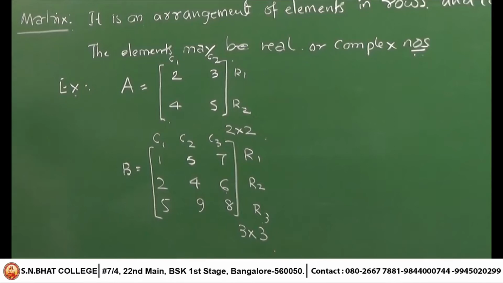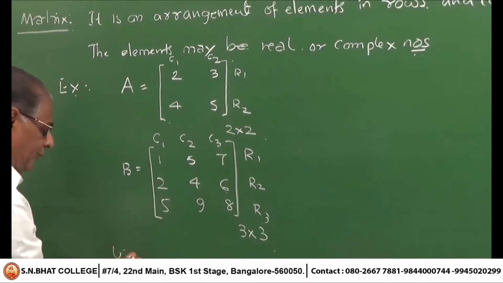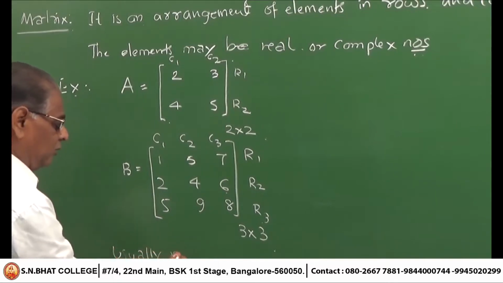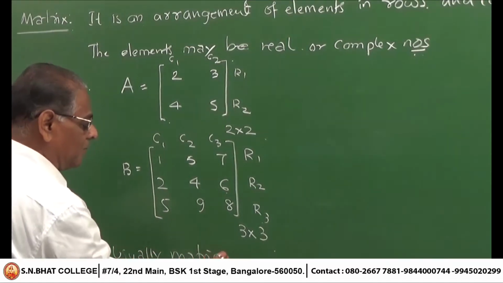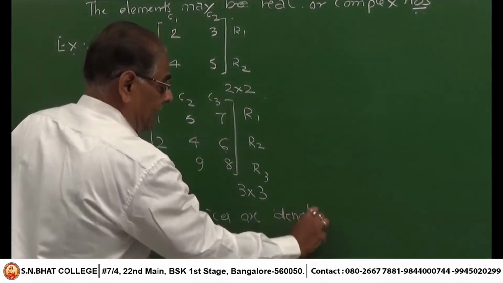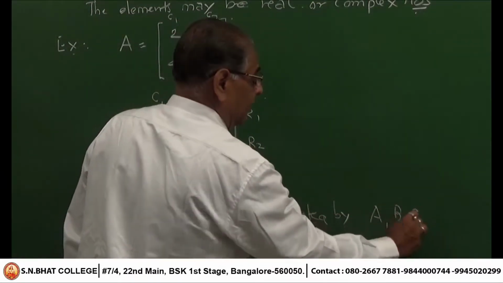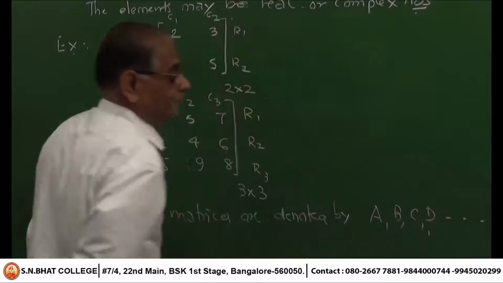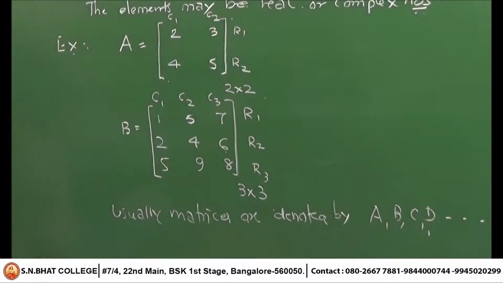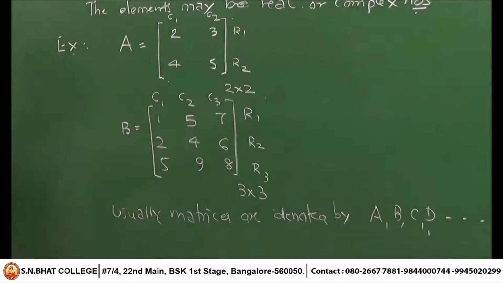I have given 2 examples, one is A and another is B. Usually matrices are denoted by capital letters A, B, C, D, etc. The first one is a 2 cross 2 matrix and the second one is a 3 cross 3 matrix.